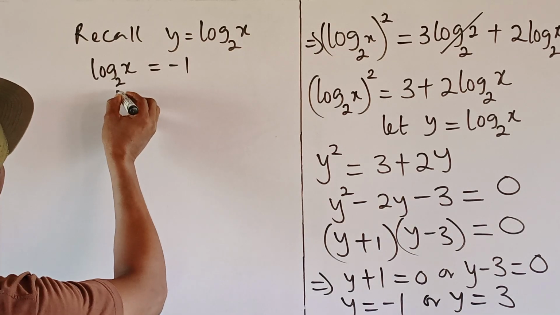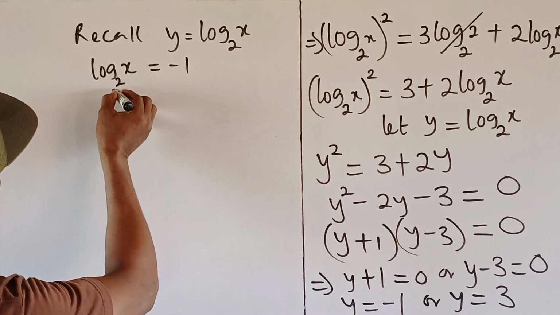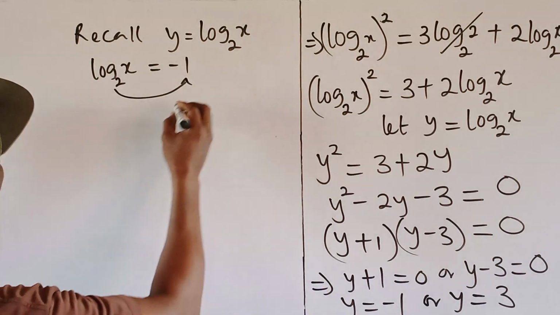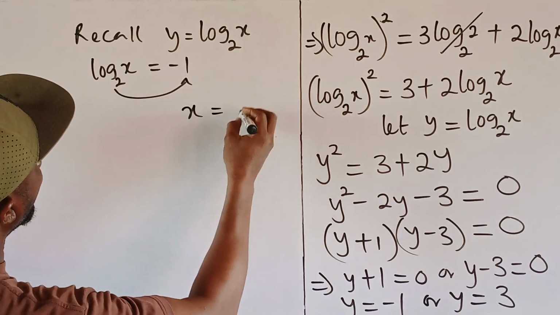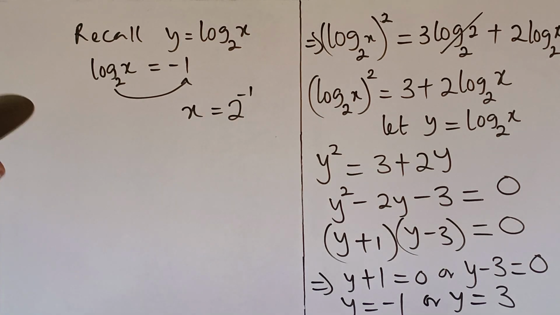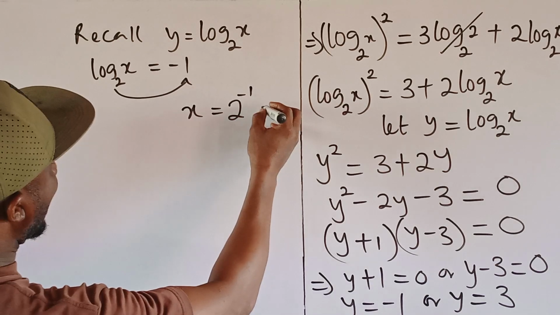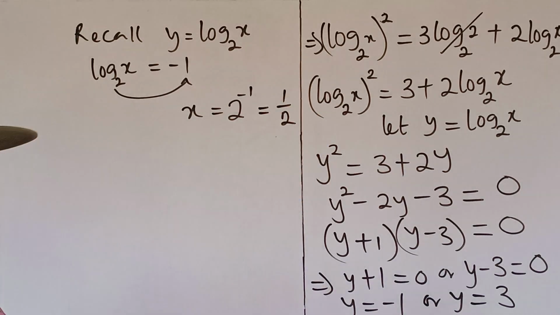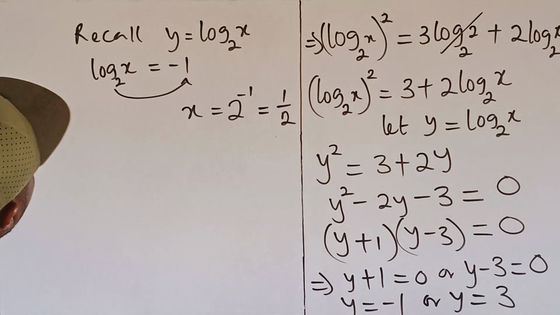So I will take the base raised to the exponent negative 1. So we're going to have x equal to 2 to the power of negative 1. From the inverse law of indices, this is 1 upon 2. So that's our first solution.